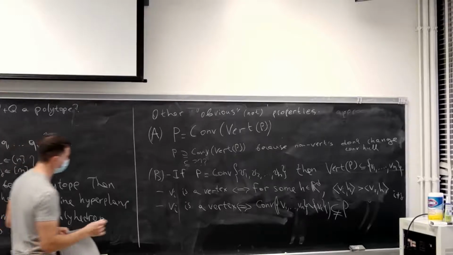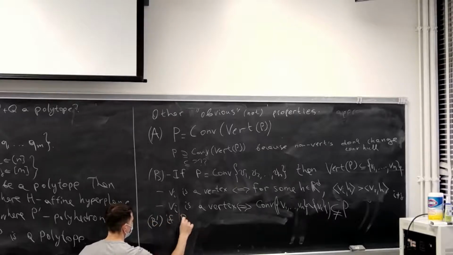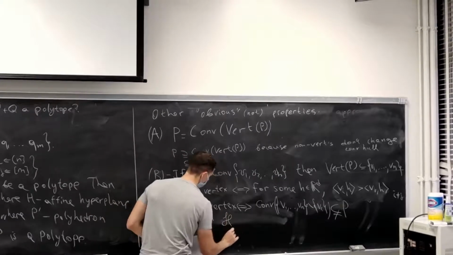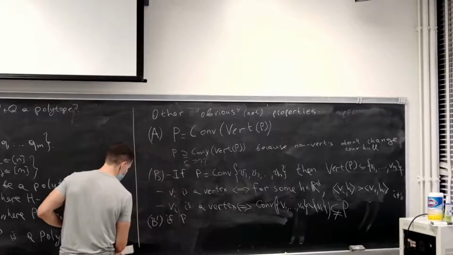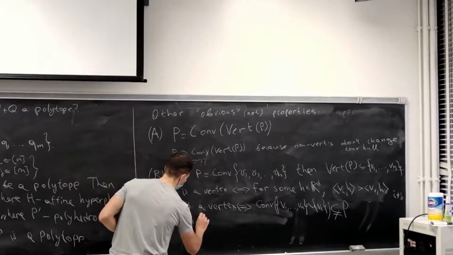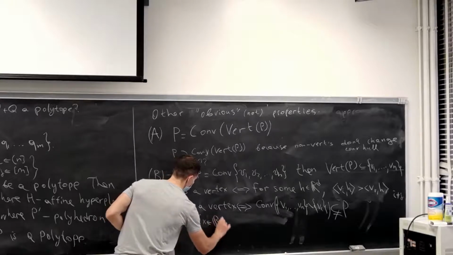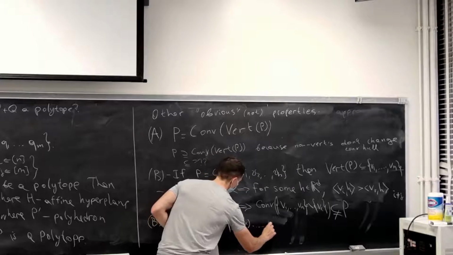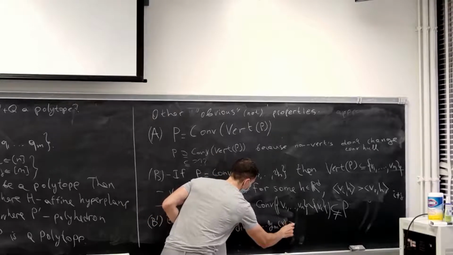And then let me also mention a property B prime, which is that if P is an H polytope, let me write P as given by linear inequalities: x in R to the D, G1 of x, through Gm of x, nonnegative.